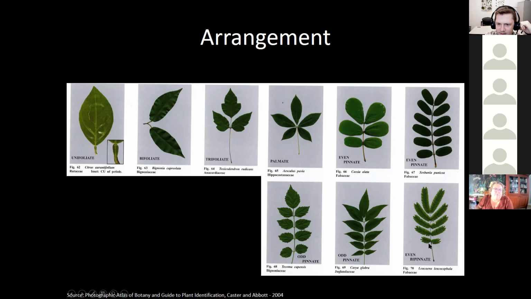This whole thing right here is what we would call the rachis. You would have something called a rachilla, where it's basically a subrachis, and you get even more leaflets on those. So that is even less common, and we call that bipinnate. You can even go further and have tripinnate and quadpinnate. So it can become pretty crazy sometimes, but not many things do that. If you can find something that does that, you should be able to narrow your list down very quickly in terms of what the plant is that you're looking at.